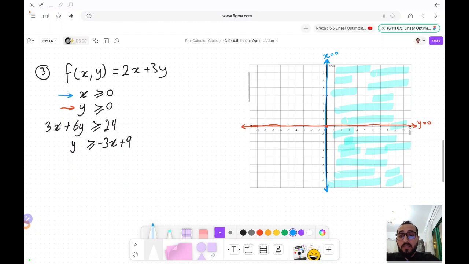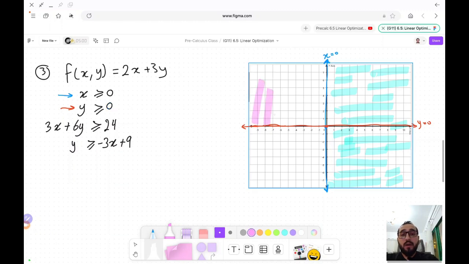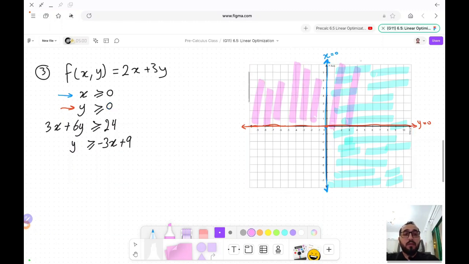Don't forget. Now let's shade the red one here. It's saying y greater than 0, so greater than 0 means above the line, as you can see.